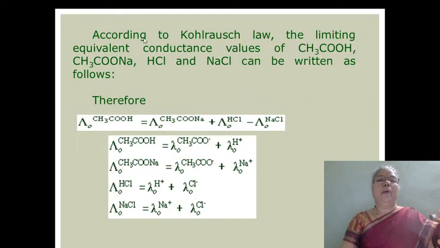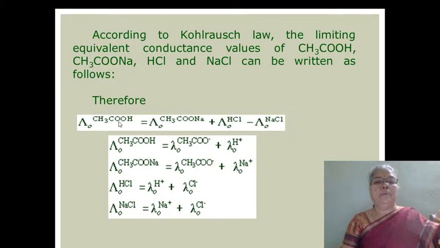Then, according to Kohlrausch law, the limiting equivalent conductance values of acetic acid, sodium acetate, HCl and NaCl can be written as follows. I repeat once again, according to Kohlrausch law, the limiting or infinite values of equivalent conductance for acetic acid, sodium acetate, hydrochloric acid and NaCl can be written as follows.